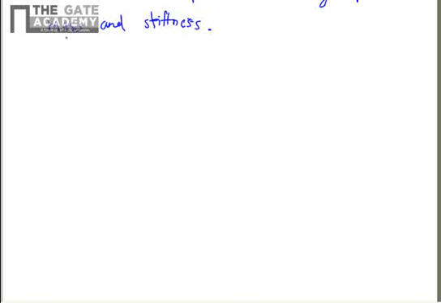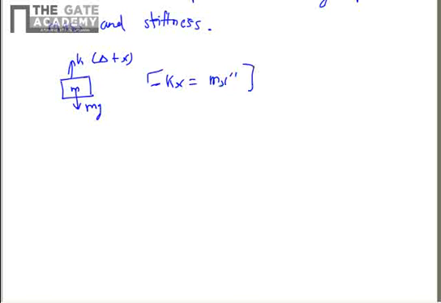So apart from the force balance method that we just saw for determining the equation of motion of the mass, where we calculated the unbalanced forces, that is equal to kx, and we equated it with the acceleration, minus kx equal to mx double dash, and like that we found the equation of motion of free vibration of the body.